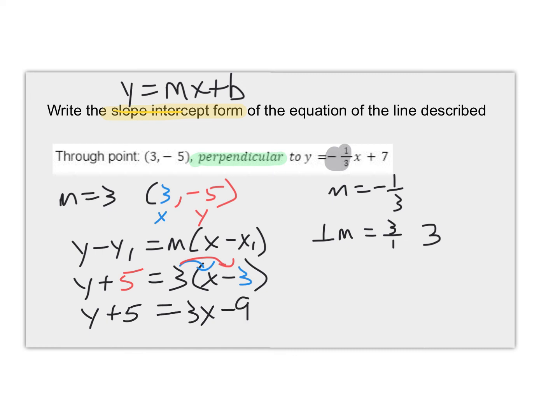Now, the last thing we need to do is to solve for y by getting rid of this plus 5, or the inverse of adding 5 is to subtract the 5 from both sides. And my final equation is going to be y equals 3x minus 14. And that's our equation in slope-intercept form.